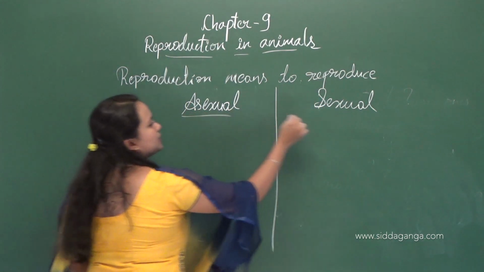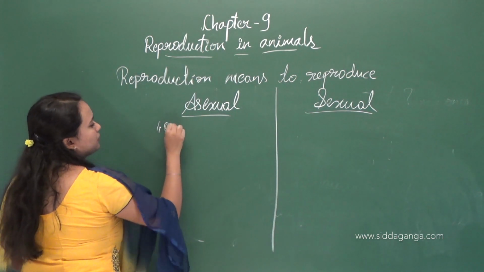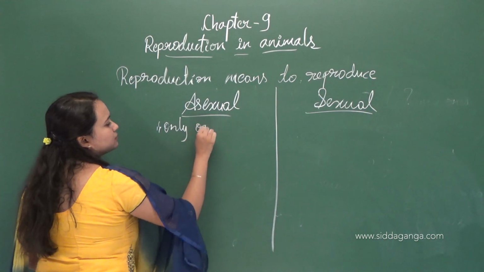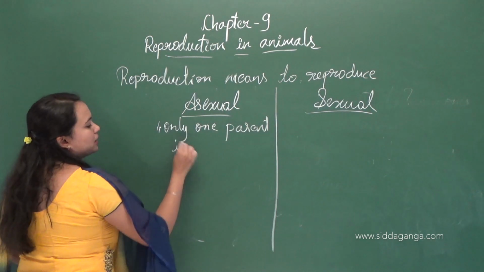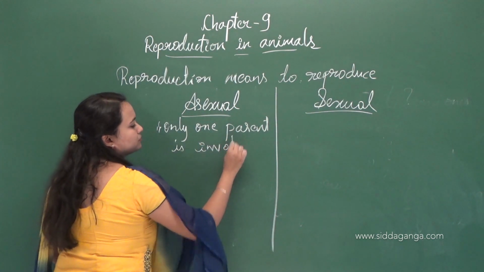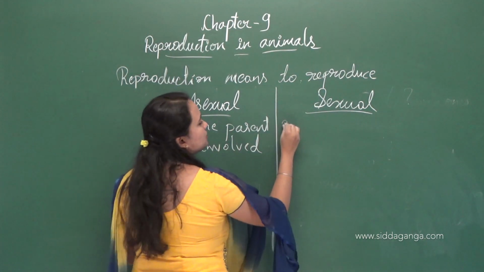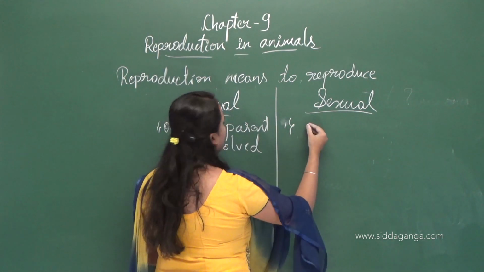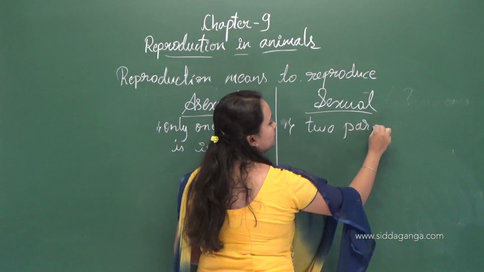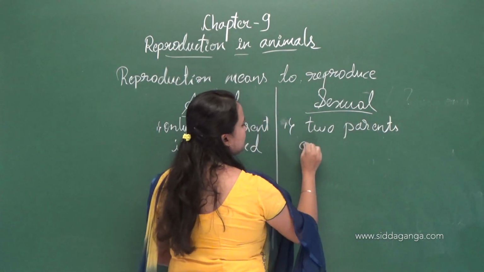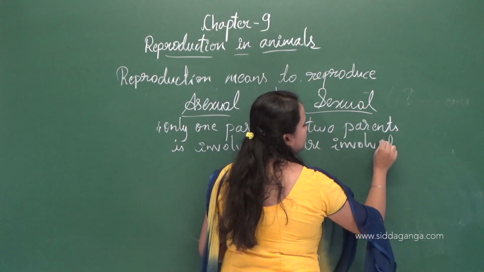In asexual reproduction, as I said, only one parent is involved, whereas in sexual reproduction, two parents are involved.